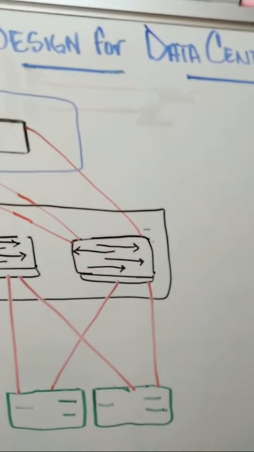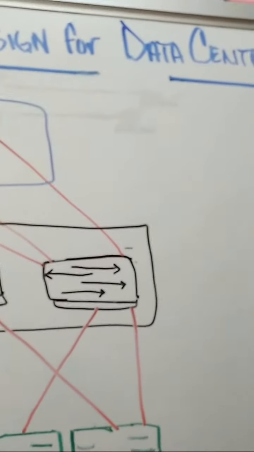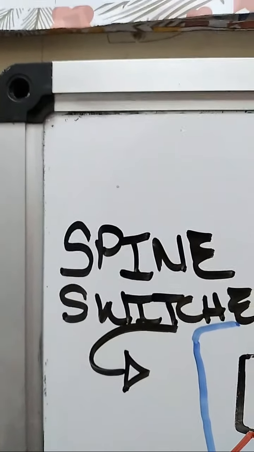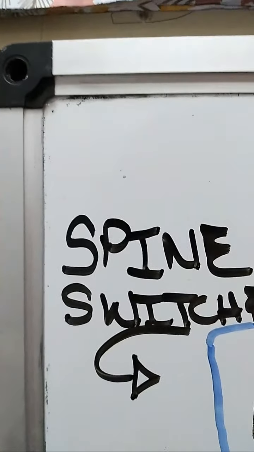Maybe we have another rack over there on the right-hand side, and then you have got the spines. This is the spines, which is sometimes called the end of a row.